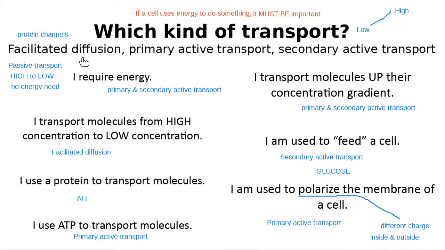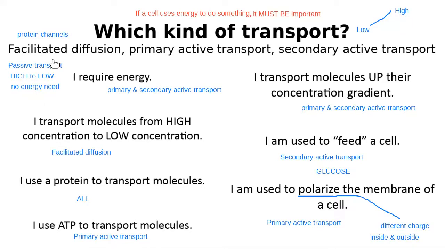But this time, we opened up a channel that transports potassium. And remember, there's a lot of potassium inside, not a lot outside. So potassium is going to go in the direction where there's no energy required. It's going to leave, and as it leaves, the membrane charge goes down.